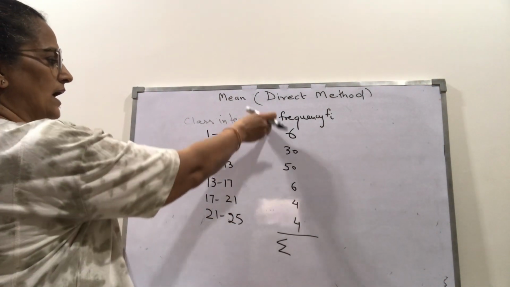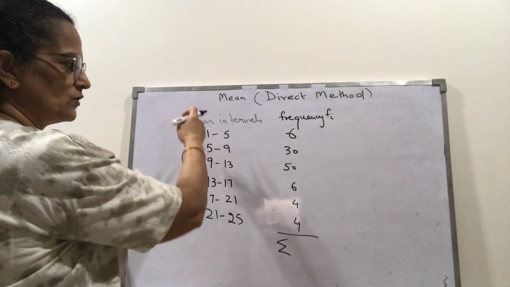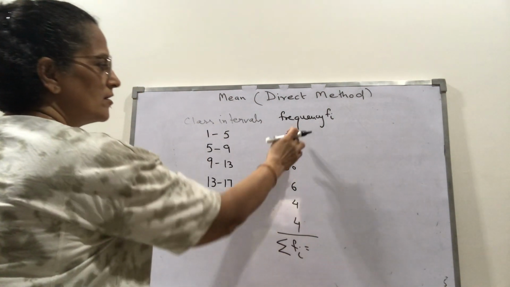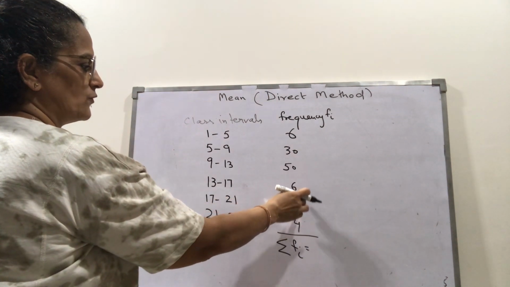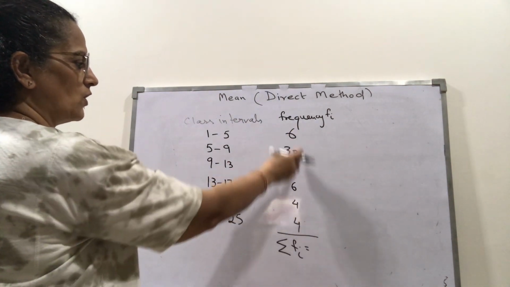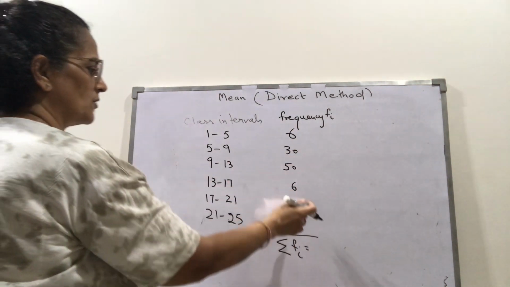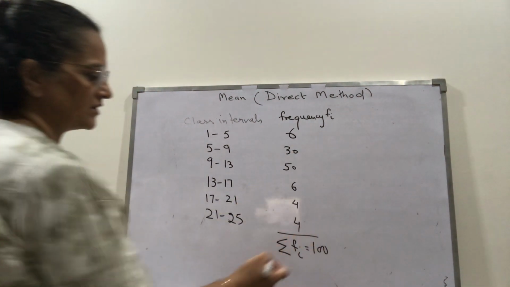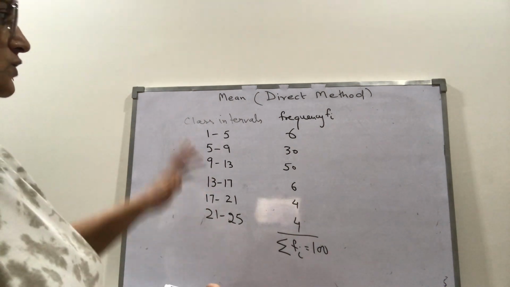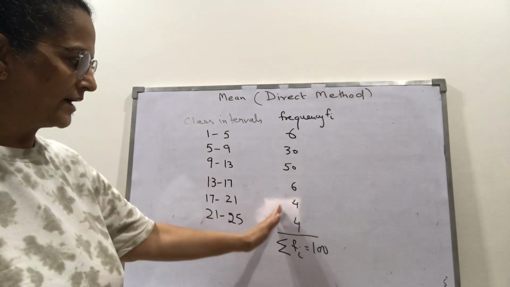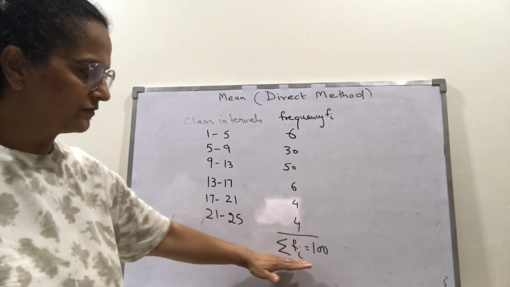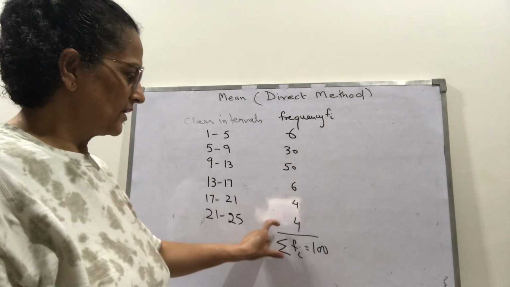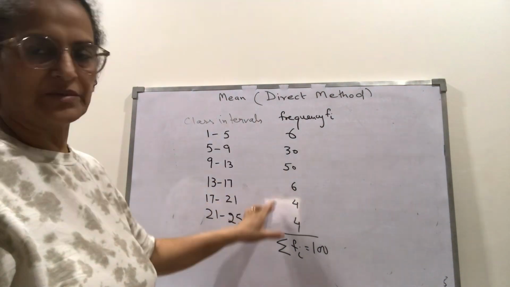That means you add. Sigma Fi means F1, F2, F3, F4, F5, F6, all the i values are added. You can see from here 80, 90 and 100, and this was given in the question also. If it is not given in the question, you add up the frequencies and you will find sigma Fi. I am repeating, sigma is the symbol used for summation.